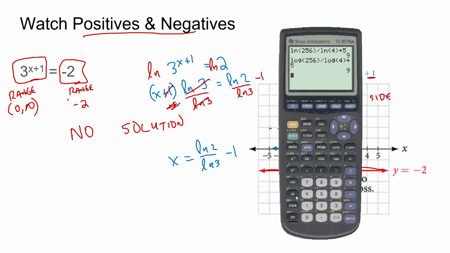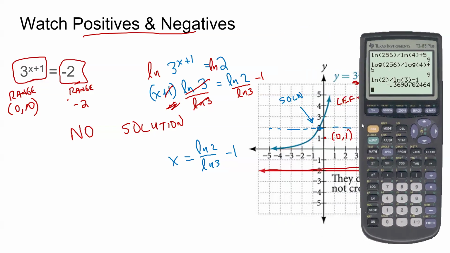You move it up and you will, where'd it go? I'm working on that right there. 2, close, divided by natural log of 3, close, and subtract your 1. And there is a number there, negative 0.369. Can you see that that is slightly to the left of x equals 0?